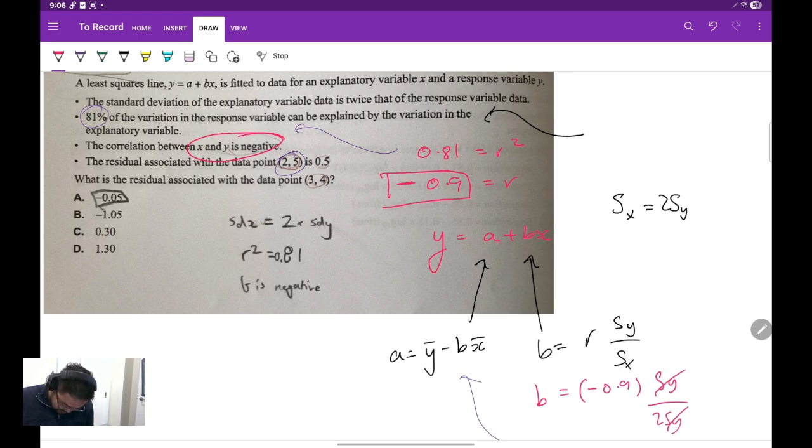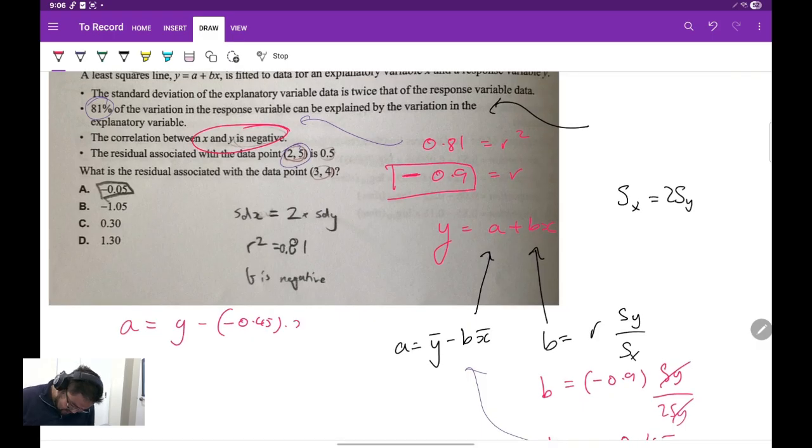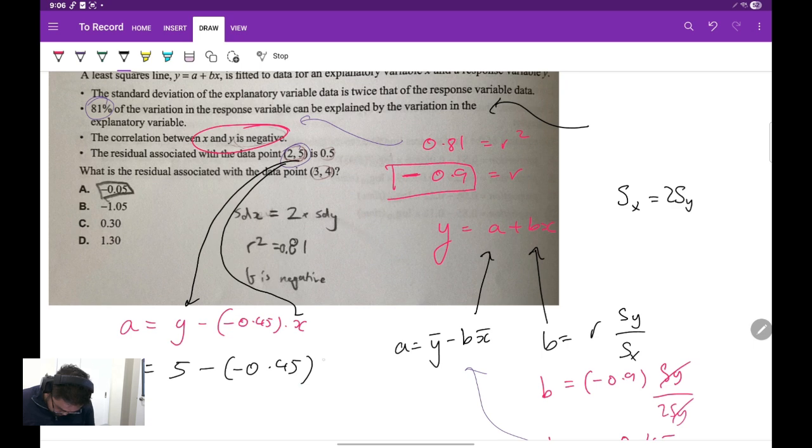So we can then work out a with just normal y minus negative 0.45 times x. And what was our x value that we were given? We said we could use 2 and we could use 5. So a is equal to 5 minus negative 0.45 times 2.